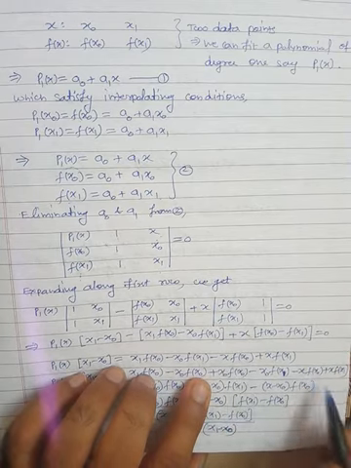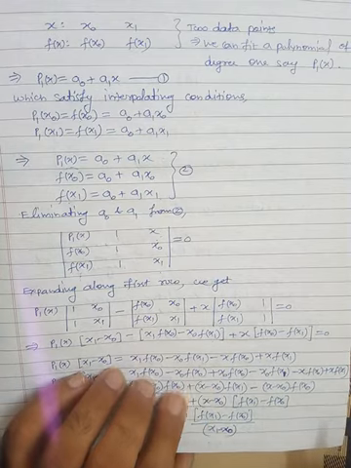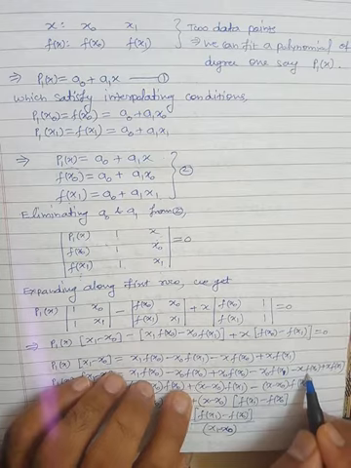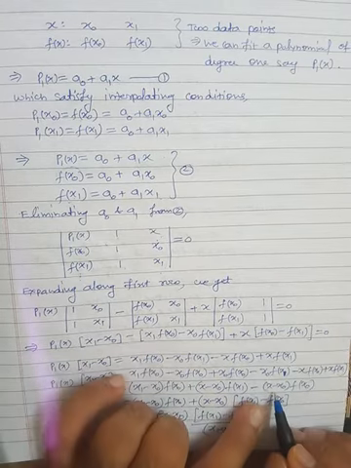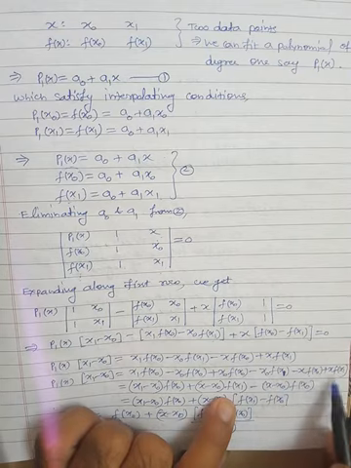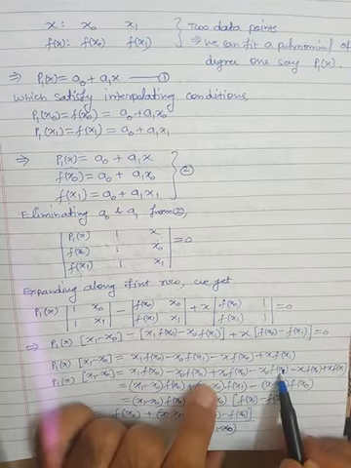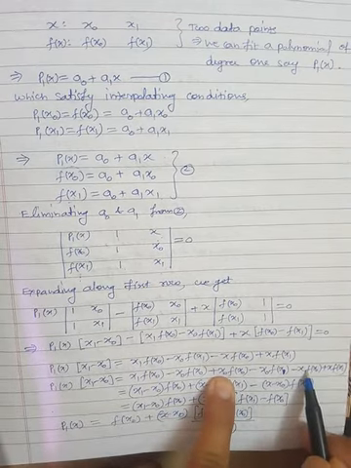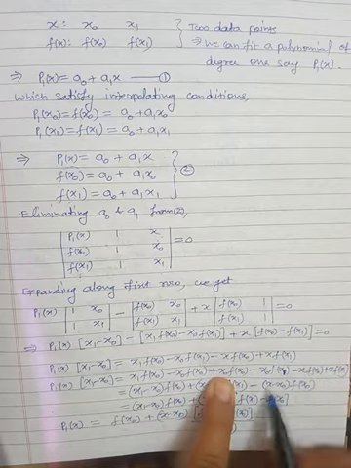Similarly, we have to rearrange all these terms. Take f of x1 common from here, so x minus x0 times this. From these two, take x0 common, minus x0 f of x0, so we get x minus x0 common.